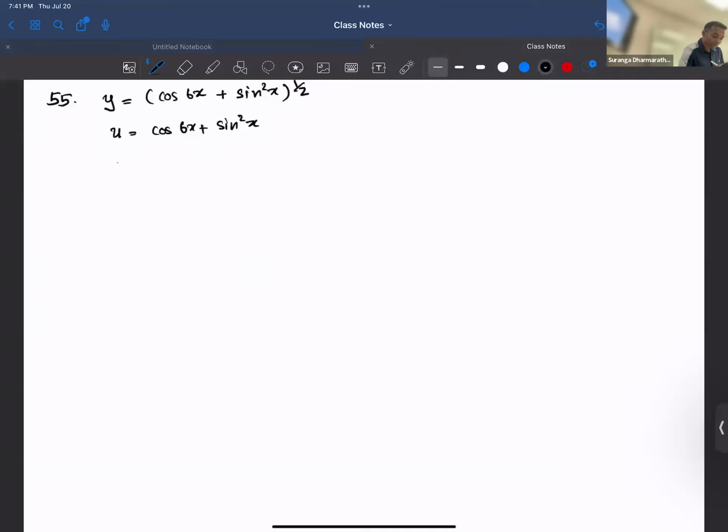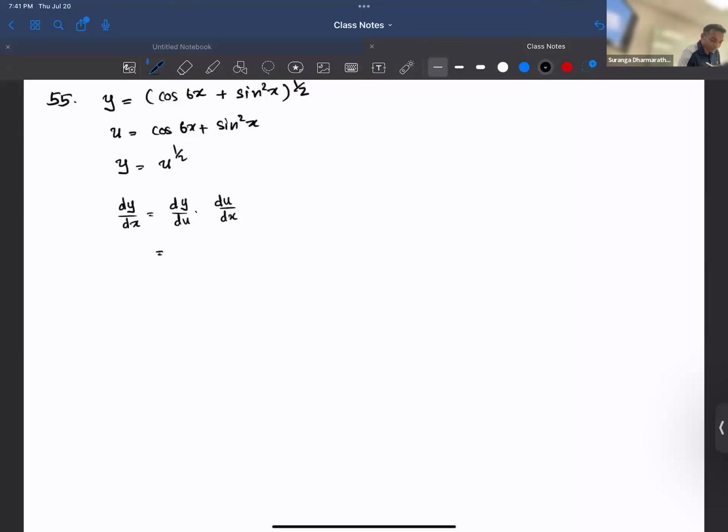Once you got that one, you have y equals u to the power half. Now you can handle this, right? Now your dy over dx is equal to dy over du times du over dx. Right? So the first part is correct.